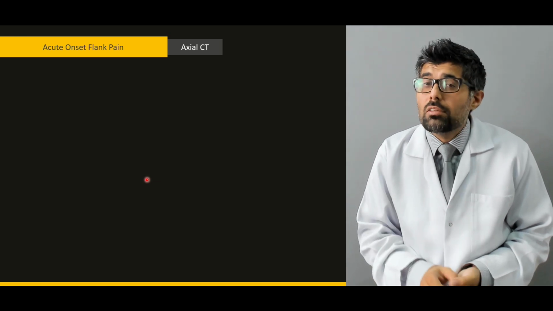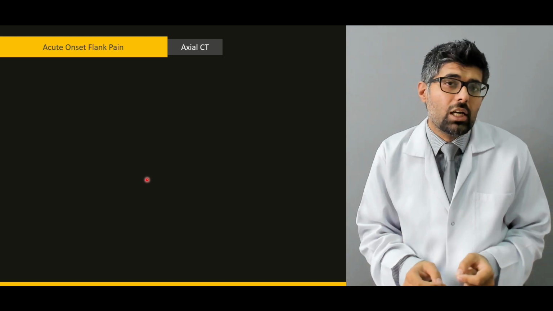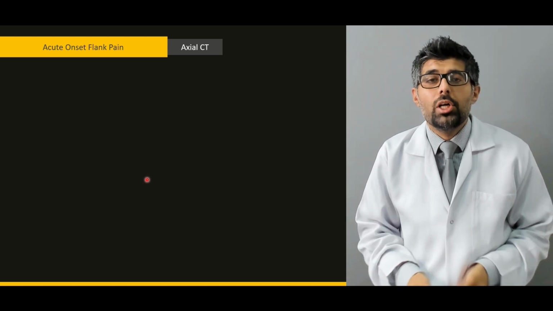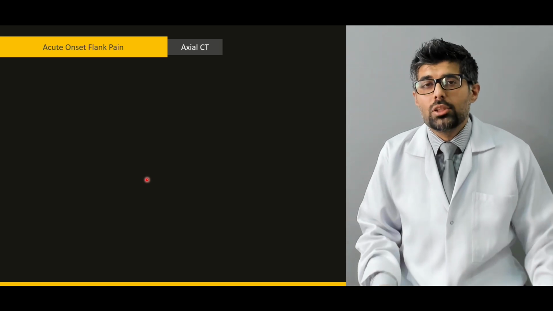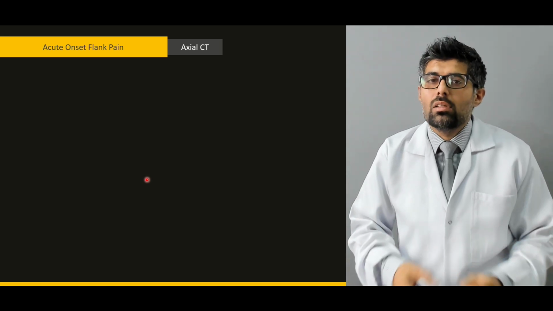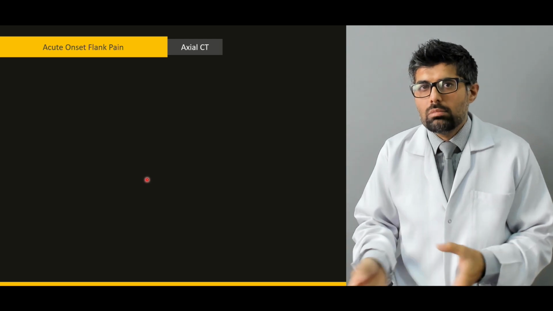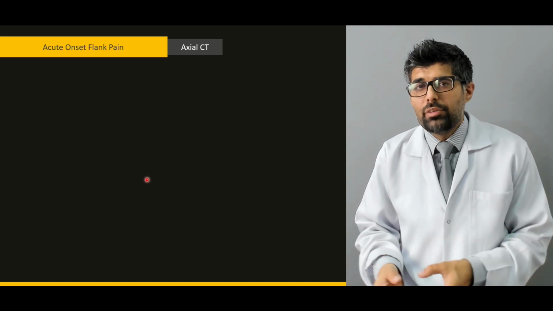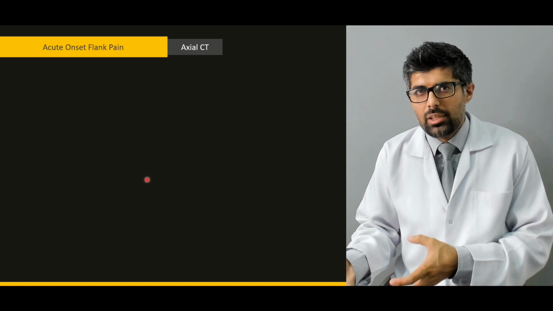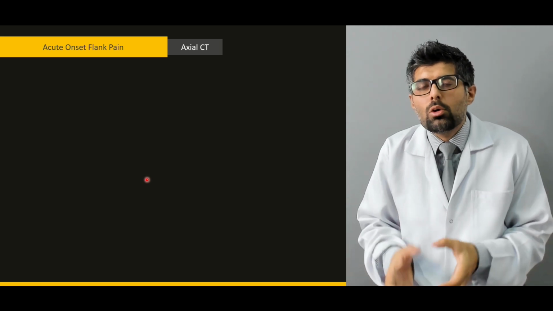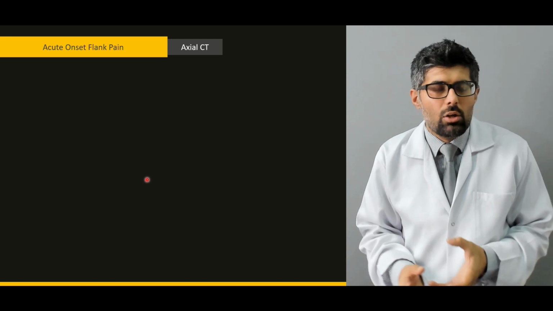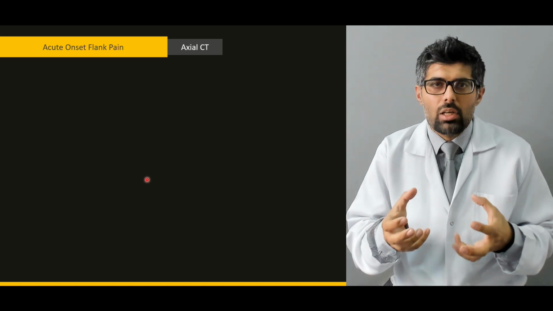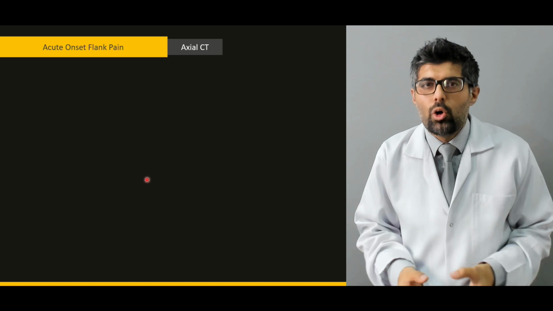It does not give us the image of the calculus, and it is all dependent upon the site, the impaction, and the calcium content of the said calculi. Now, if that calculus is lodged in the ureter, we cannot discern if it is impacted or not.